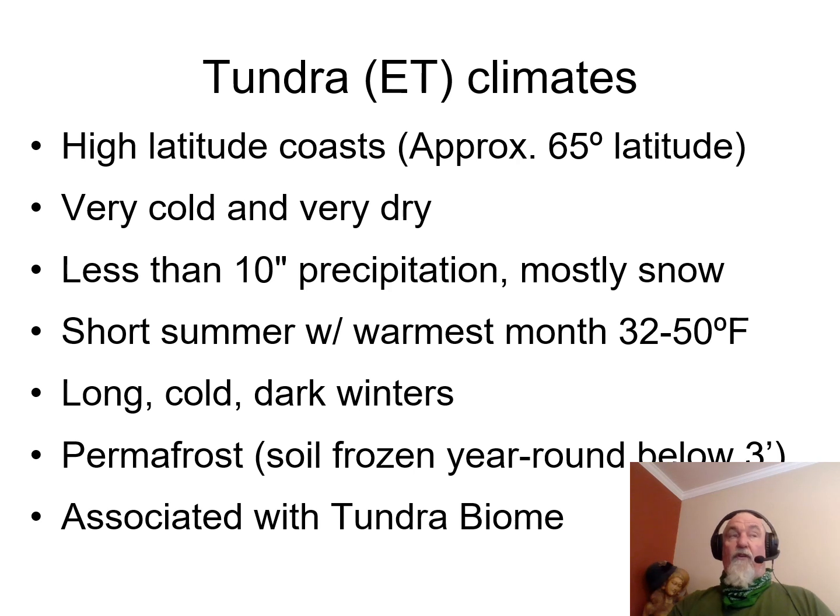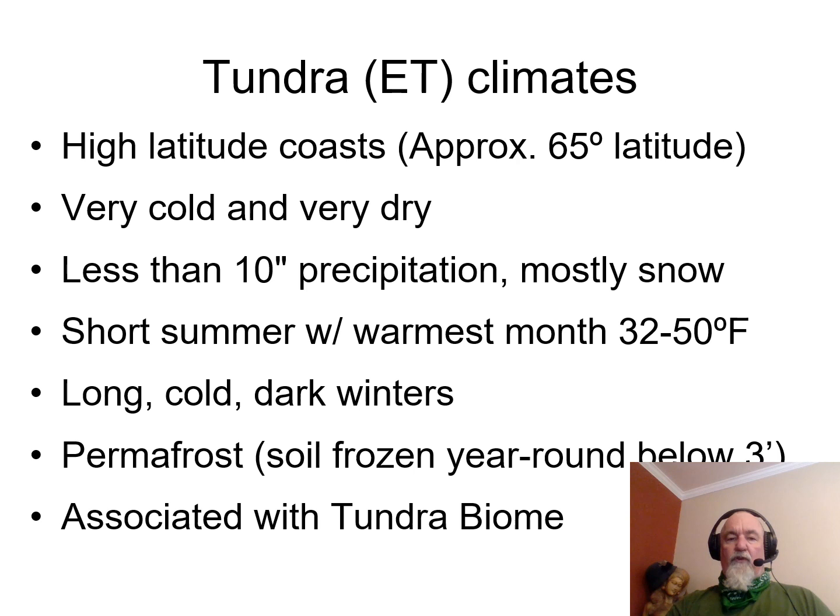So the sunlight is also going to be up, albeit at a low angle, for up to 24 hours per day during those summer months. But then come the long, cold, dark winters lasting 8, 9, 10, 11 months. That would be something you have to adapt to in order to survive.